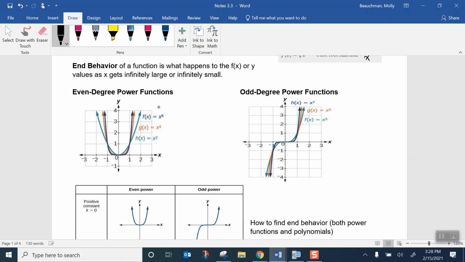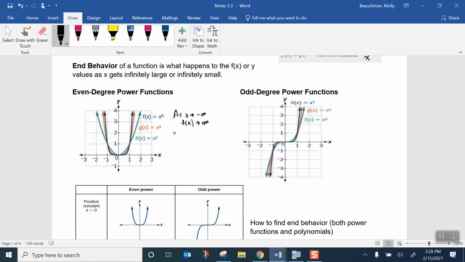End behavior means as x approaches negative infinity, what happens to the y, or the f of x? As x approaches negative infinity, as x values get smaller and smaller, the y values get larger and larger. So as x approaches negative infinity, f of x approaches infinity.